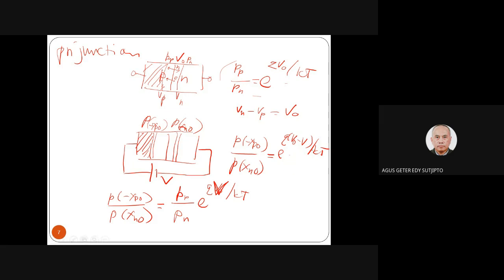Let's see further. Writing again, p at minus xp0 over p at xn0 equals p over pn times the exponential of q phi 0 over kT.